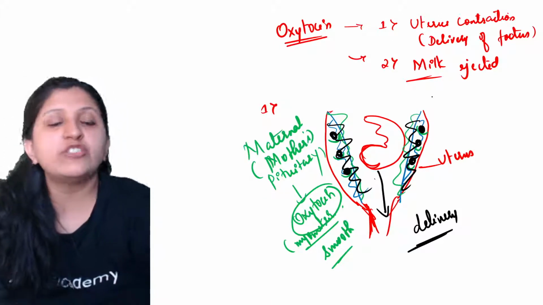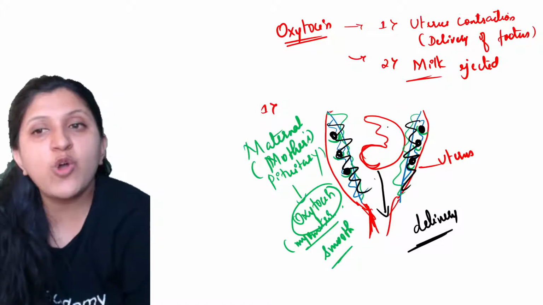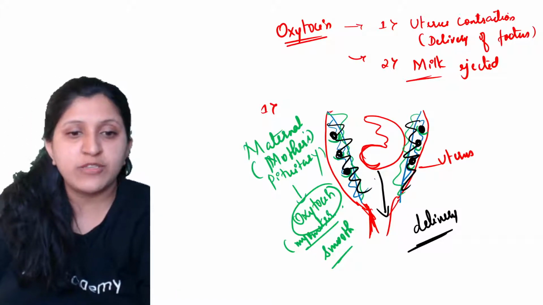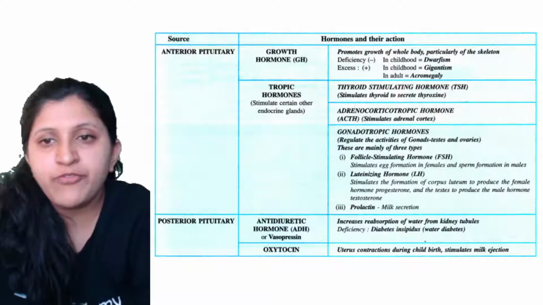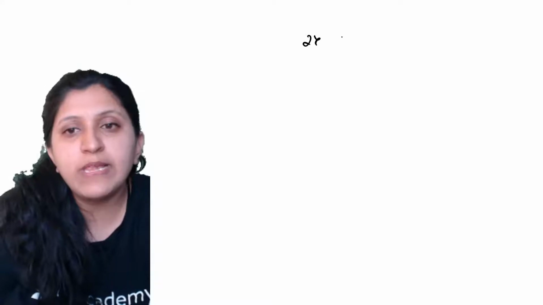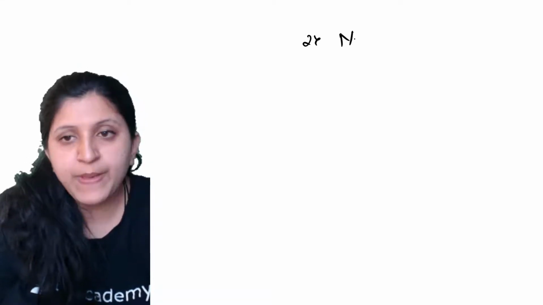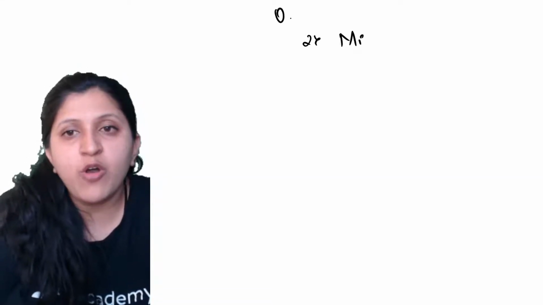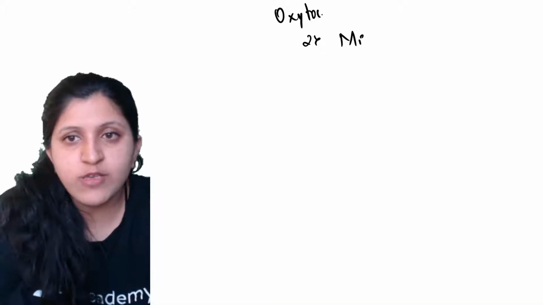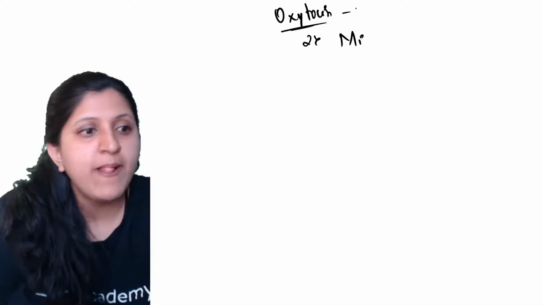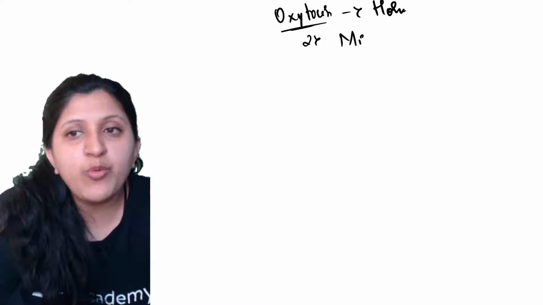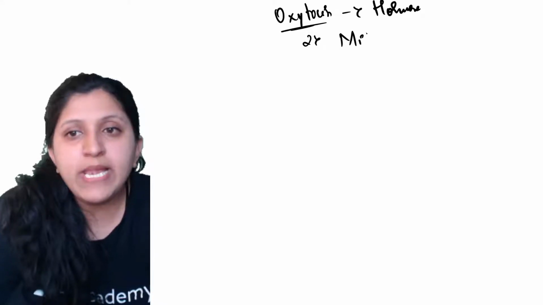One more function of oxytocin is milk ejection. What exactly is the meaning of milk ejection here? Let me explain it. The second function of the oxytocin hormone is that it will also help in milk ejection.